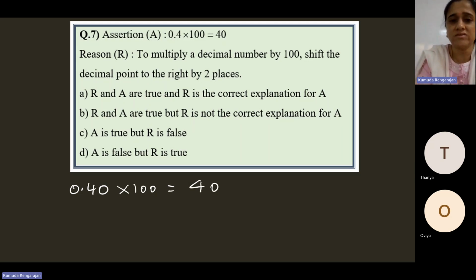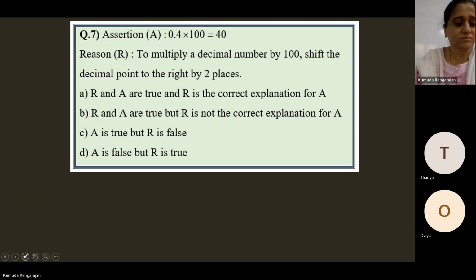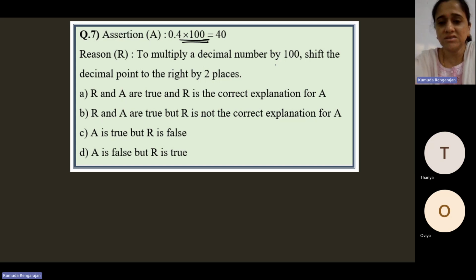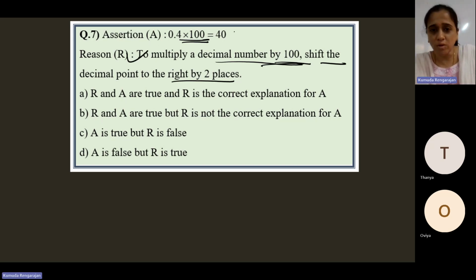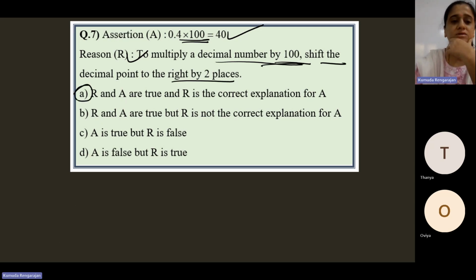Because in the assertion also we have a statement where 0.4 is multiplied by 100, and the reason is explaining what is given in the assertion. When you multiply by 100, you should shift the decimal point to the right by 2 decimal places. The explanation is about this equation here. So this is the correct option.